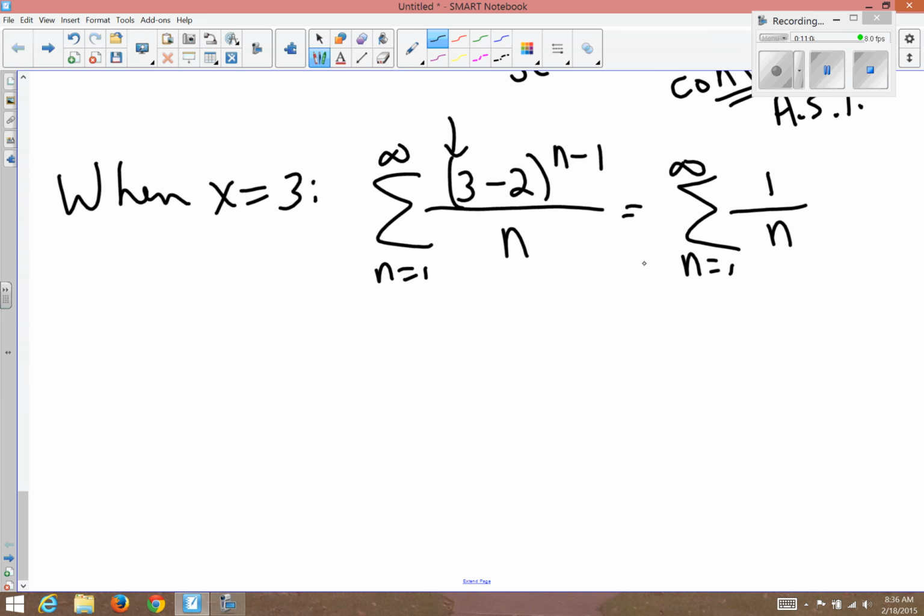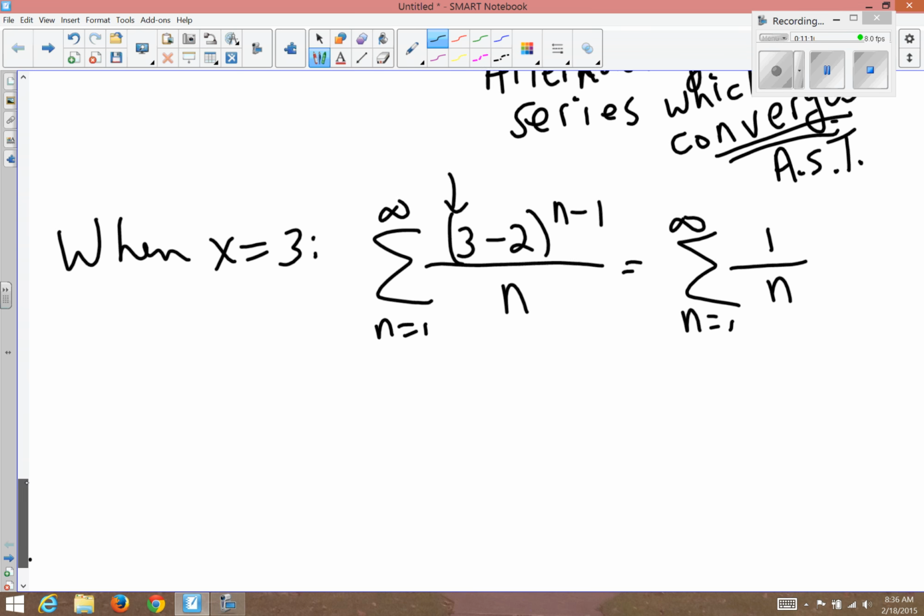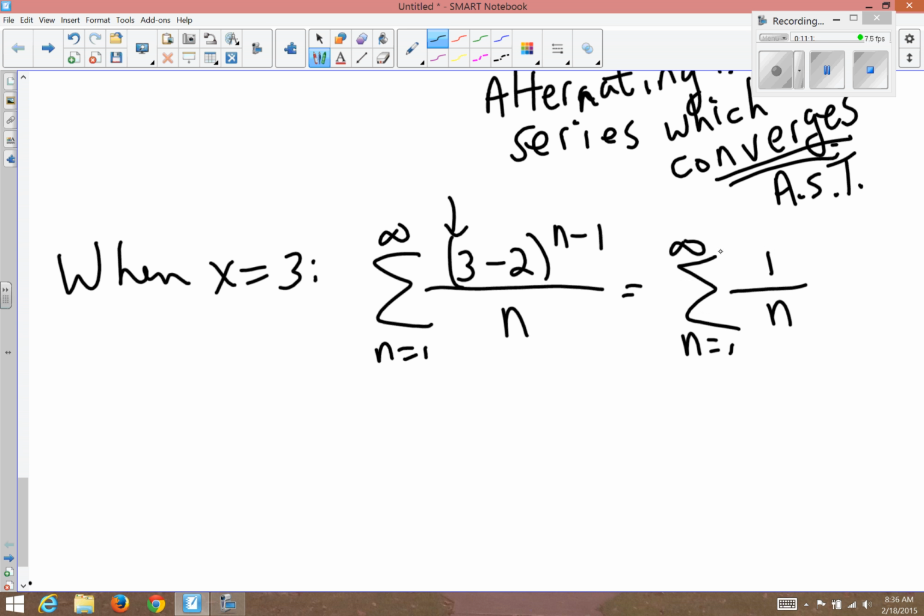And we recognize that this is the harmonic series. This is the famous harmonic series, which famously diverges.